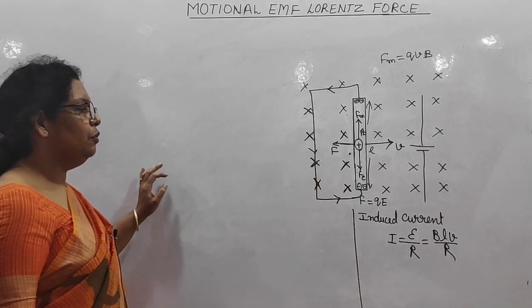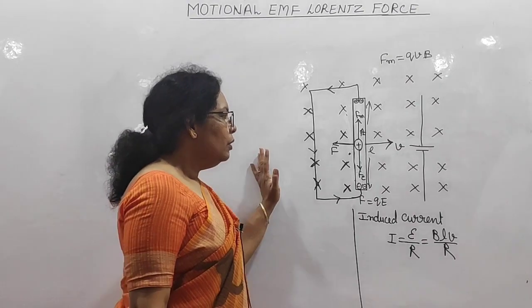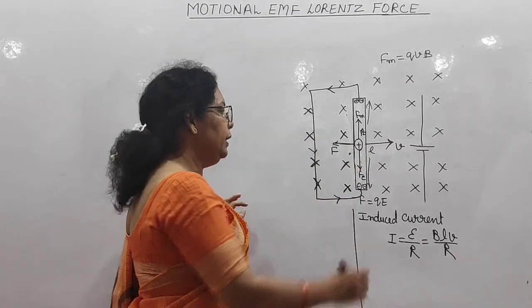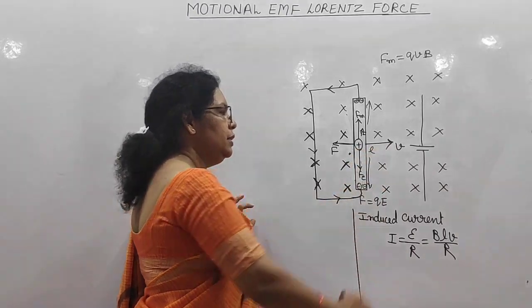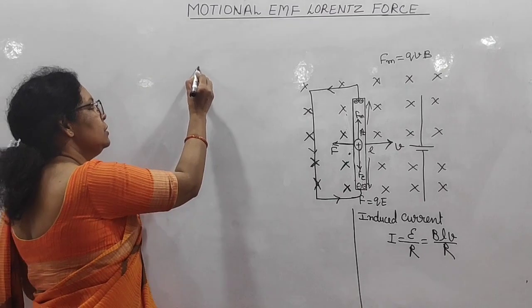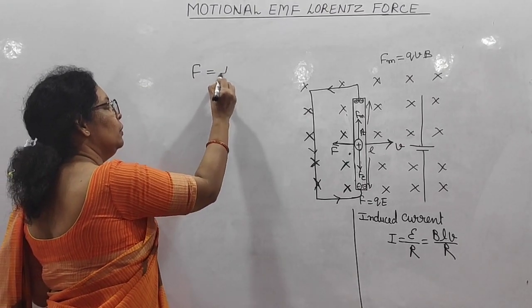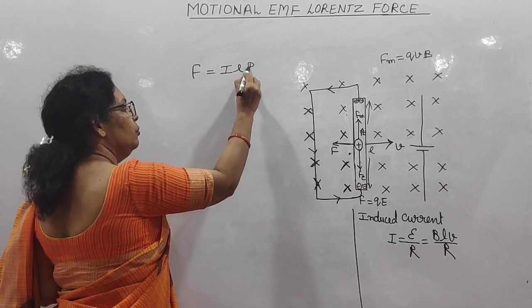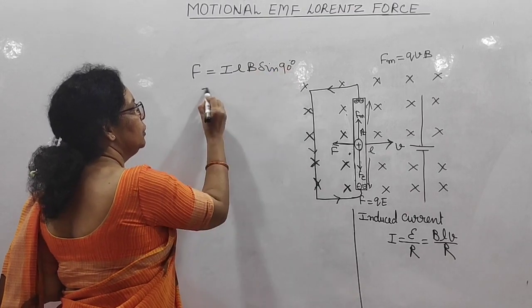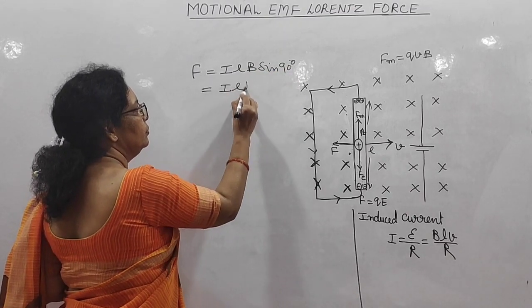So we have to do some work, or deliver some power, to maintain the speed of this conducting rod. How much force will that be? That force will be ILB sin 90 degrees, that is ILB.